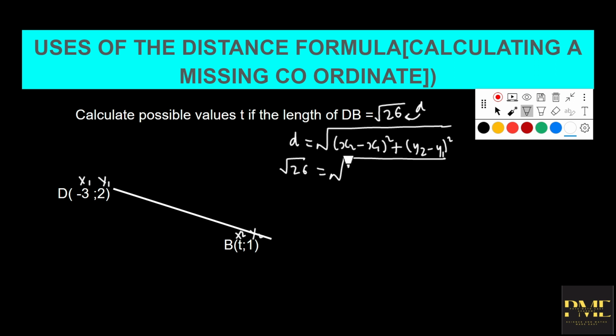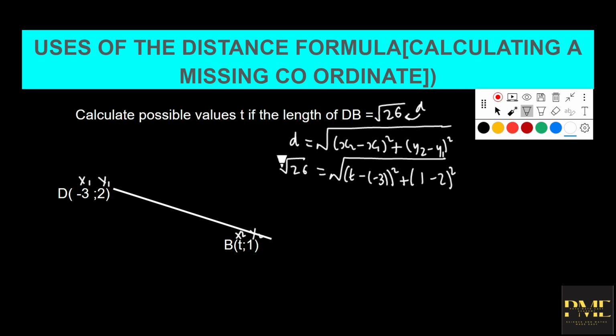So our x2 in this case is t, so we will have t minus our x1, which is negative 3, right? So we have minus negative 3 here, and then we close the brackets, and all this is squared, all right? Plus our y2, which is 1, minus our y1, which is 2 respectively, and then all this is squared, guys, all right?